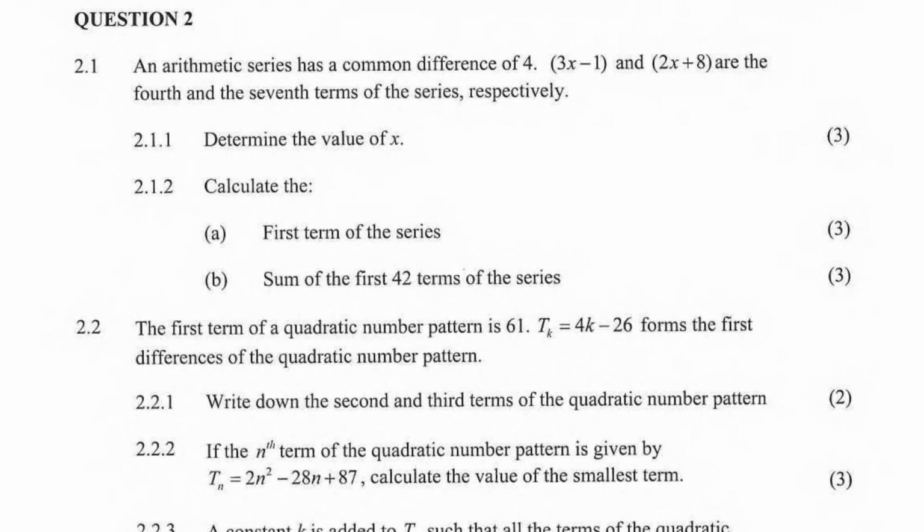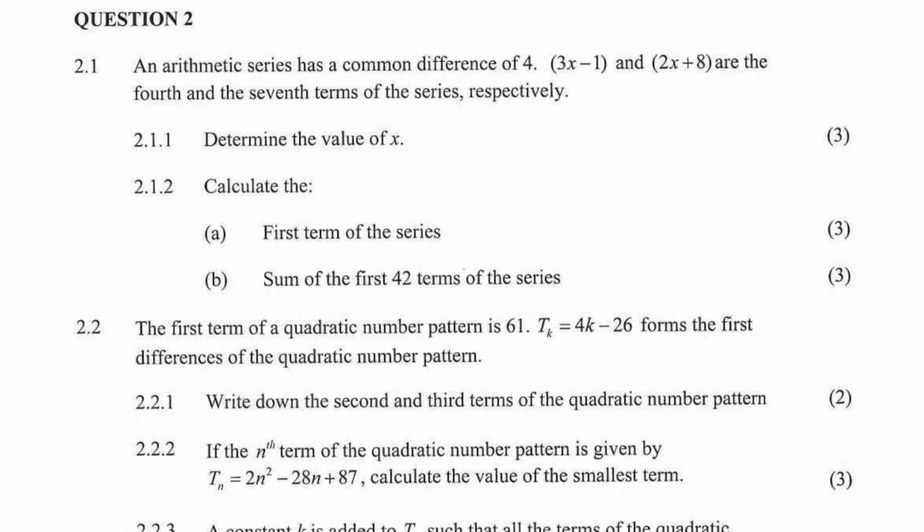Question 2, we have 2.1. 2.1 says that an arithmetic series has a common difference of 4. 3x minus 1 and 2x plus 8 are the fourth and the seventh terms of the series respectively.